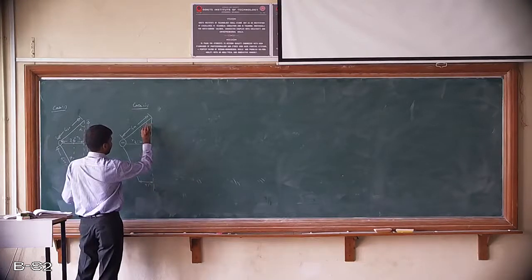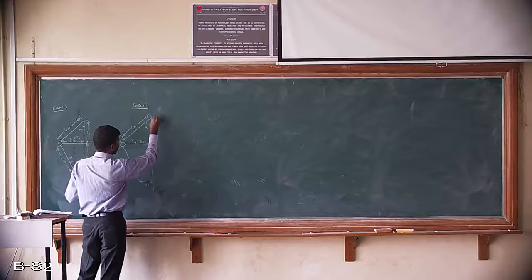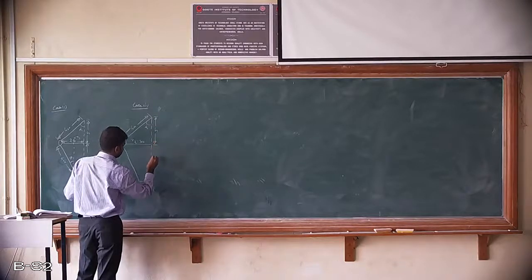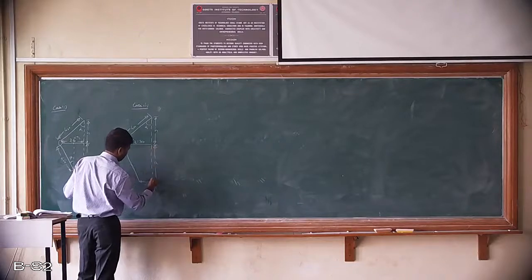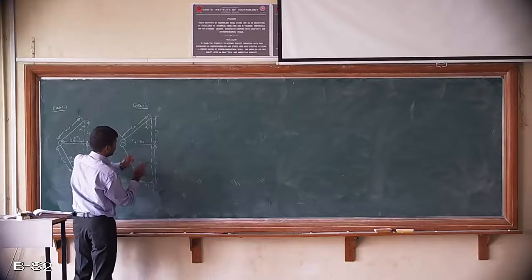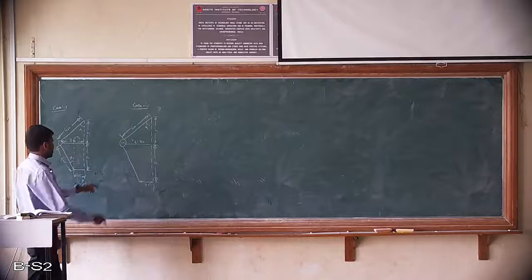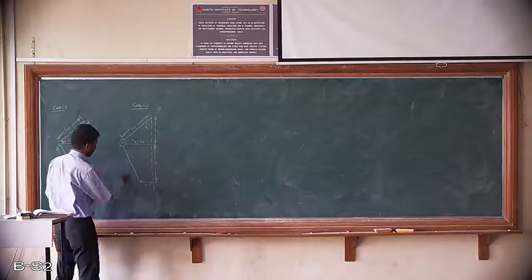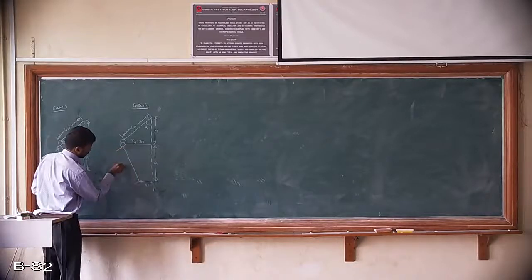So this angle I will call alpha. This height is nothing but the height of the governor. This distance I will call A. This height is H. This height is A. So this radius is 300. This length is once again 400 only.